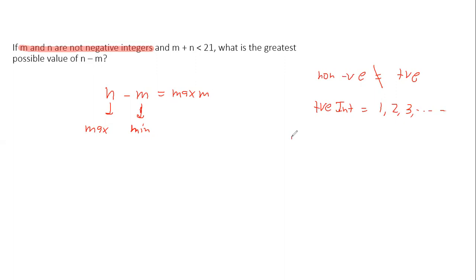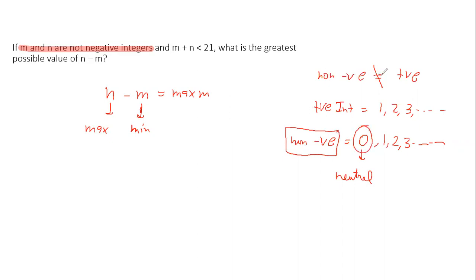Non-negative integers means integers which are not negative. So you have to take 0 also, which is a neutral integer. It's neither positive nor negative. So when I say non-negative, that means neutral plus positive. This is a very big hint. Whenever the question says non-negative, 0 will also be included. So remember guys, non-negative does not mean positive.